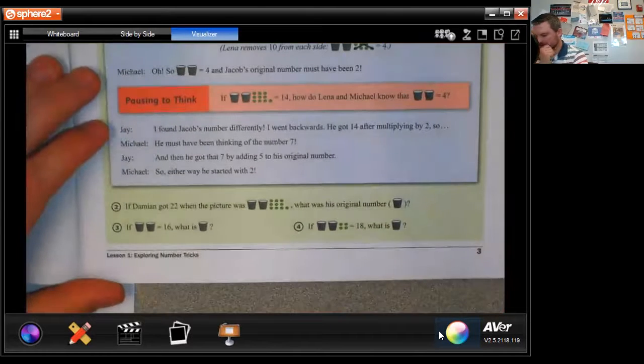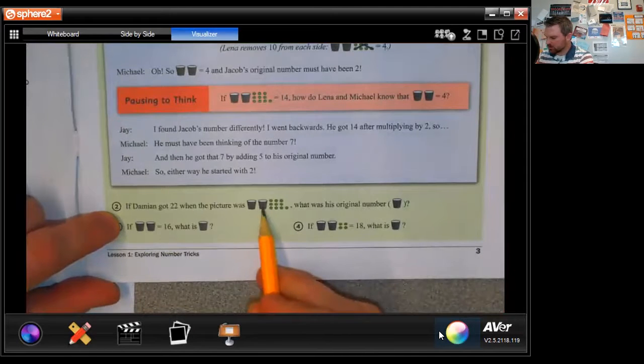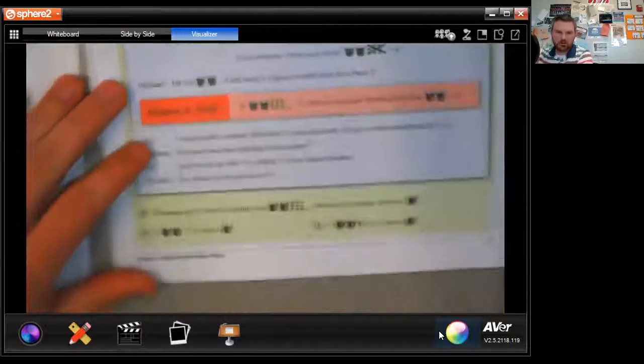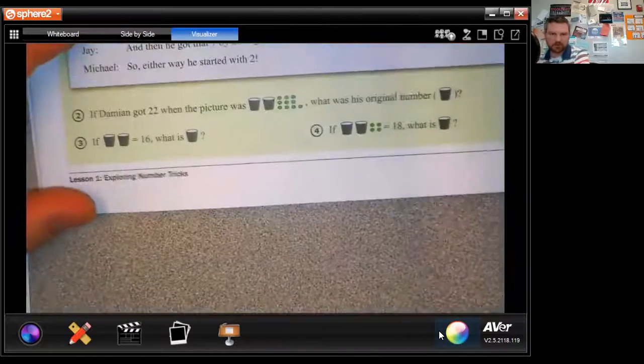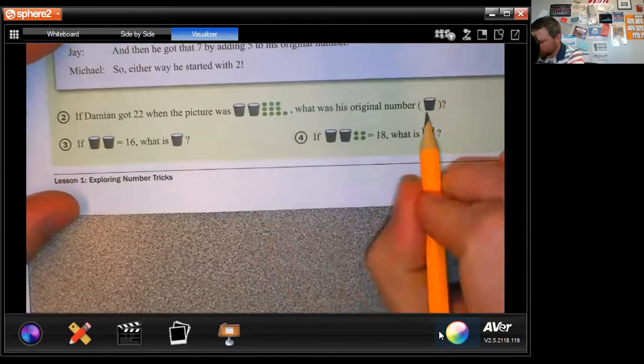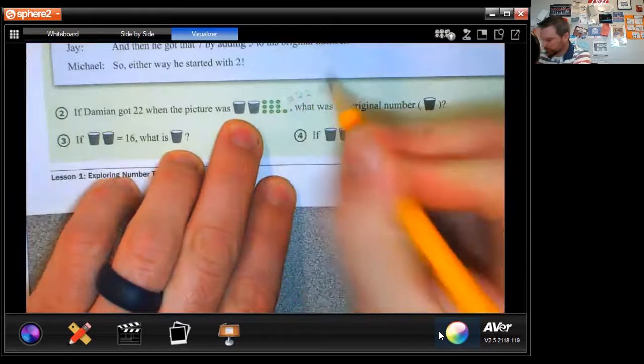Okay, so let's look at this. If Damien got 22 when the picture was this, what was his original number? Okay, I'm gonna walk you through these down here. What was 1 bucket? Well, this whole thing equaled 22.